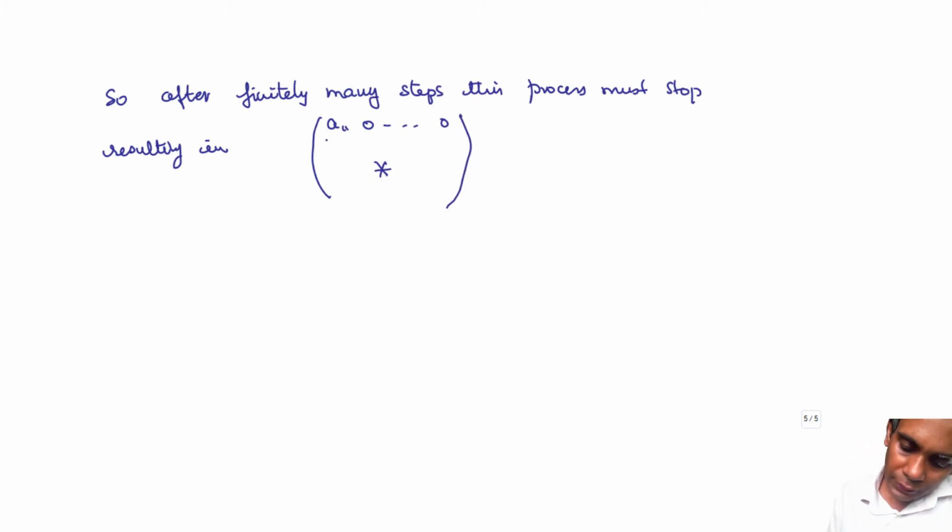Okay, now let's try to clear the first column. We can do exactly the same kind of thing to try to clear the first column, except instead of column operations, we'll be doing row operations, and that process too must stop in finitely many steps.